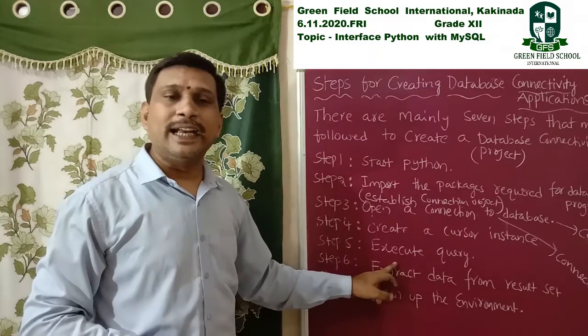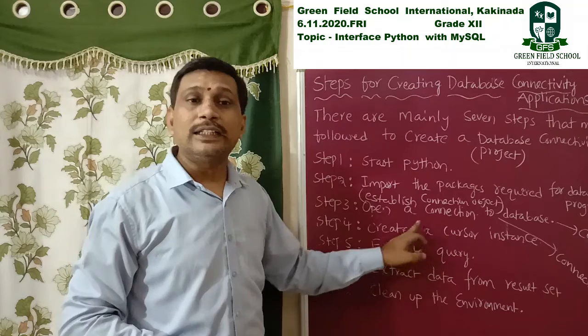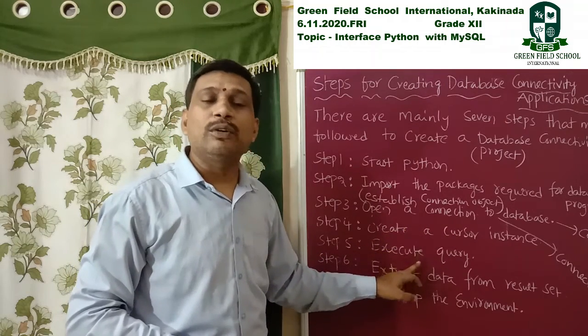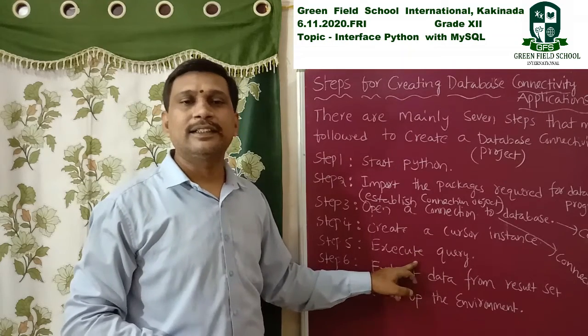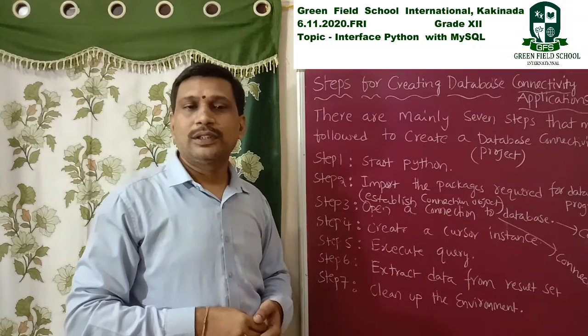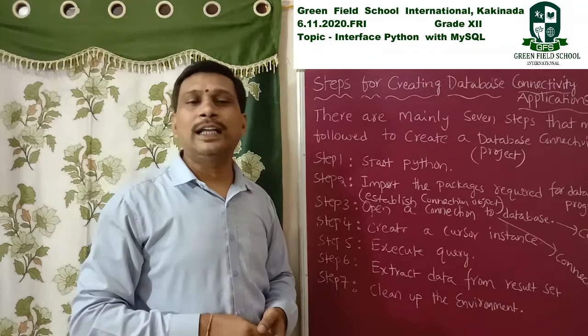That query's result: the database has tables, and that table data is present. We execute a query, and the query execution's answer, output or data set, means rows and columns. So all the result set means rows and columns.